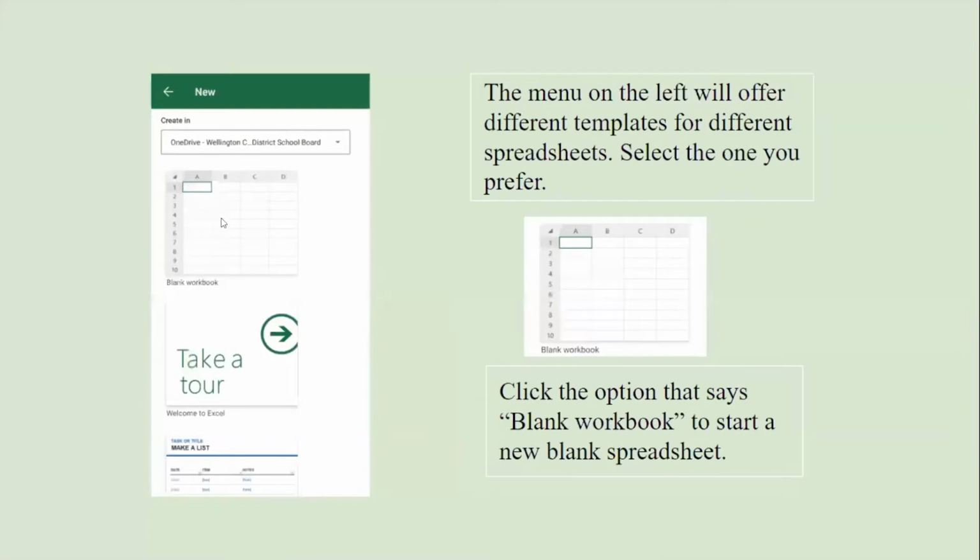Then when you first open up Excel, there are a lot of different templates you could use. You pick the specific spreadsheet you want, and then make sure you click on blank workbook, and that'll open up a blank spreadsheet.